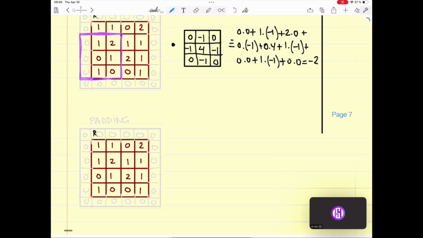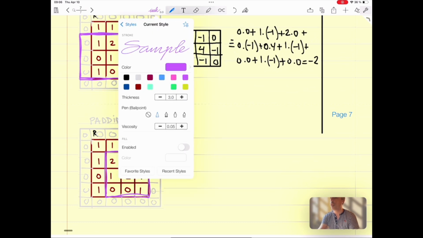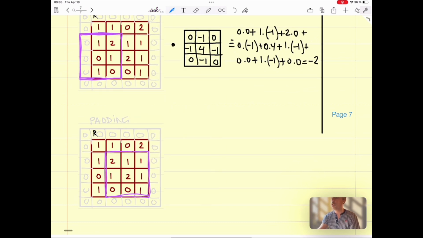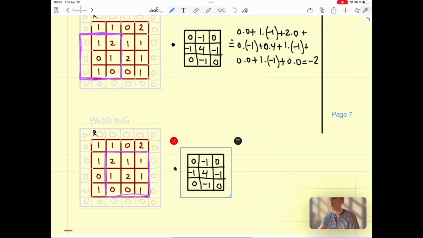Very good intuition. We now move 2 to the right, so we would be around here, making sure that we get all the information in place. Actually, we're not getting all the information. We're losing something on the right, so we would need to do a padding of 2. But just to explain the concept, it's more than enough here.